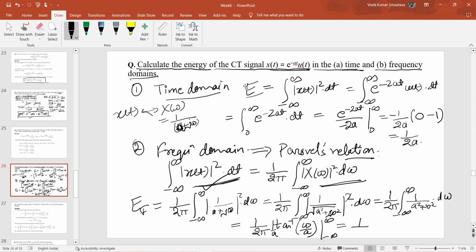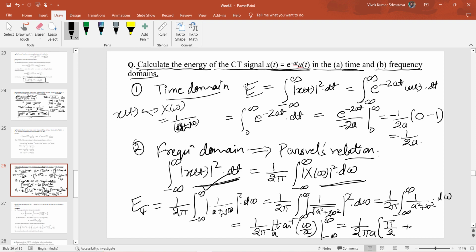So this will be equal to 1 over 2 pi a into, now we can put the limits: tan inverse infinity, which is pi by 2, minus tan inverse minus infinity, which is minus pi by 2.